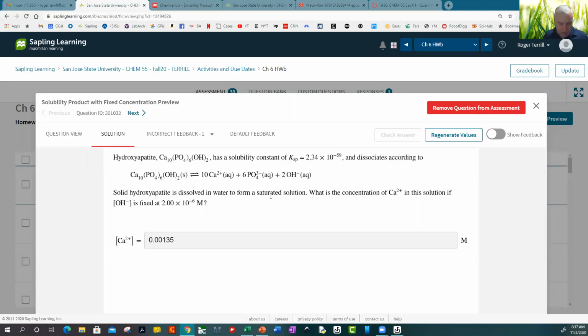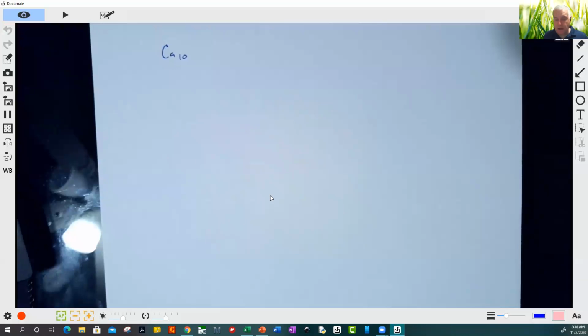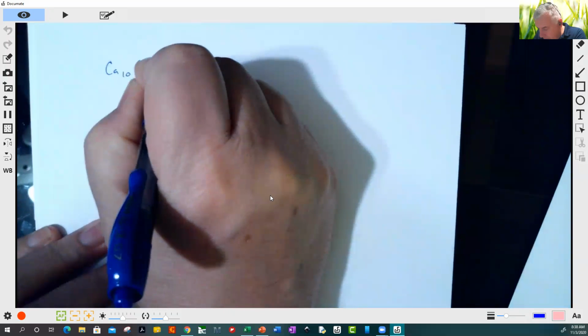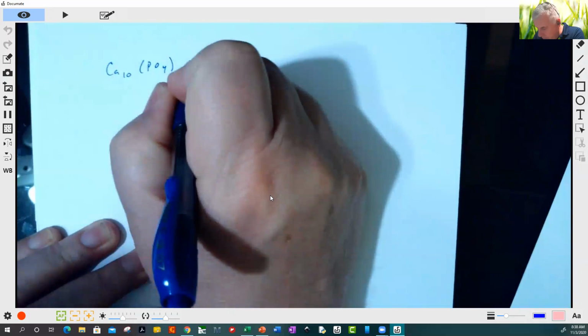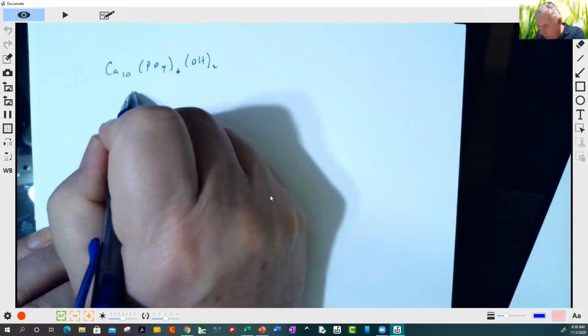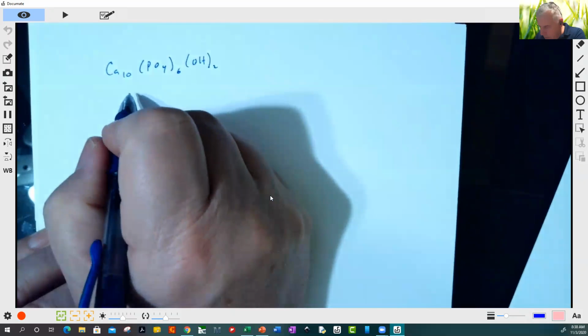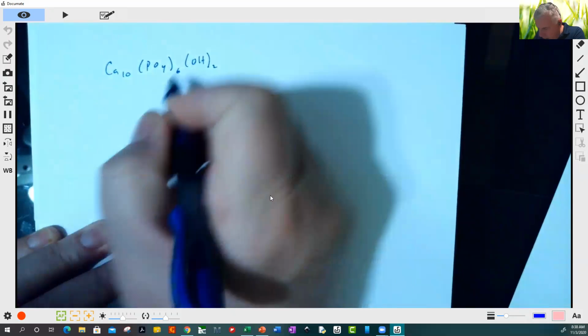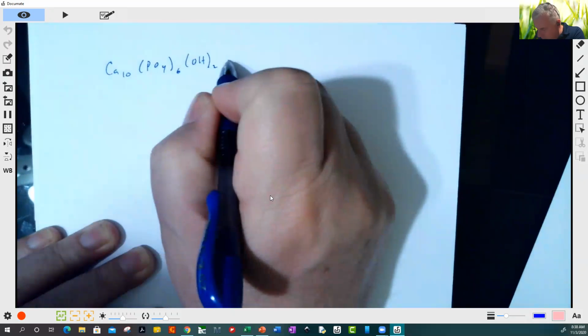And so let's see how that works. We've got calcium hydroxyapatite, sorry, and this is a solid.